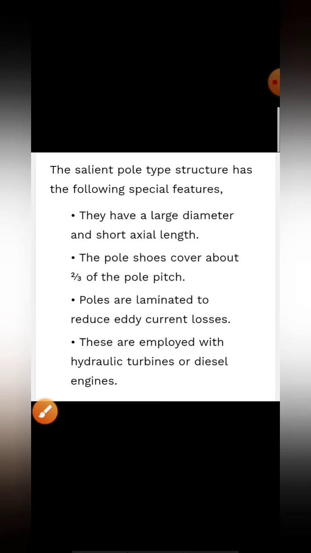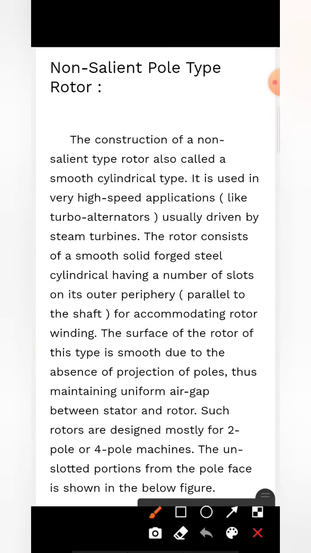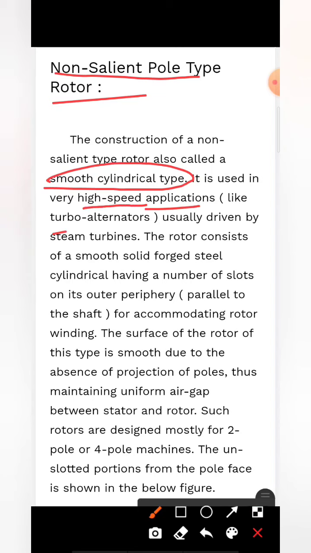Next is the non-salient pole type structure. Non-salient pole type rotor. The construction of a non-salient rotor is also called smooth cylindrical type. It is used in very high speed applications like turbo alternators, usually driven by steam turbines.